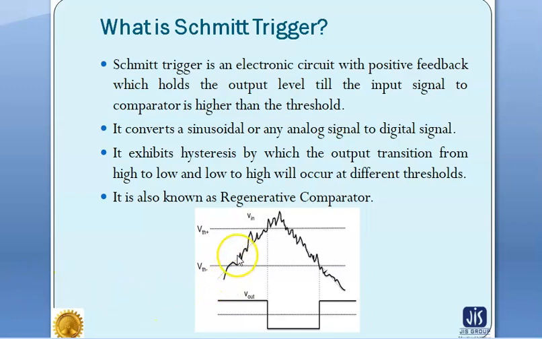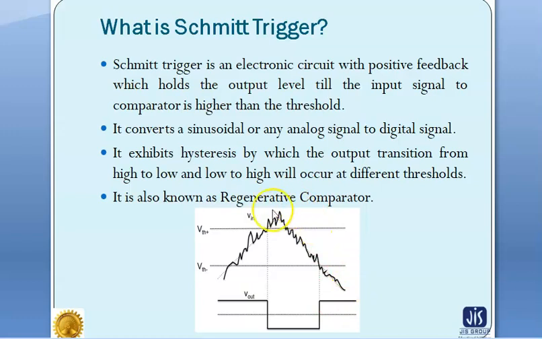Here, this is a noisy input signal. Two threshold points, that is the upper threshold point and the lower threshold point, of the Schmitt Trigger convert it into a square pulse.